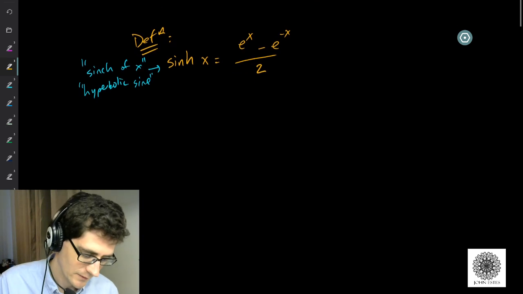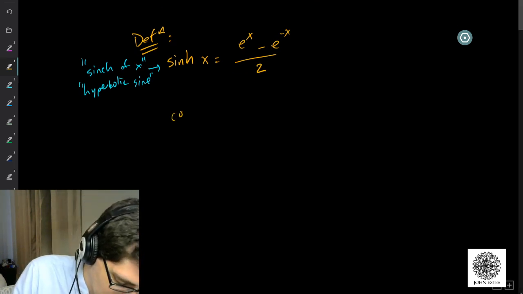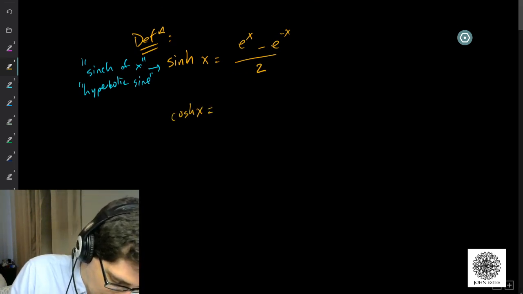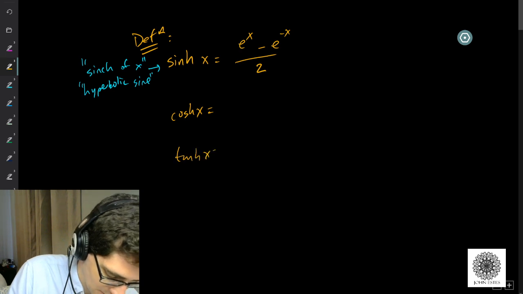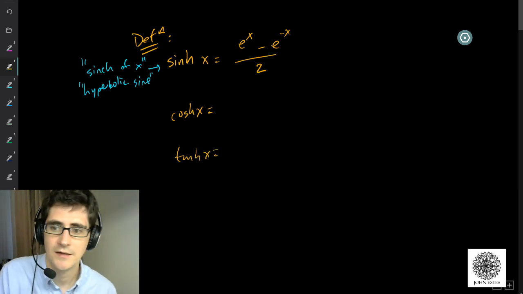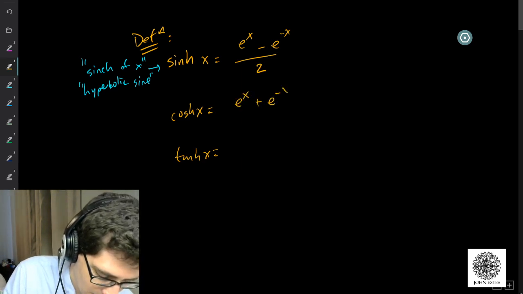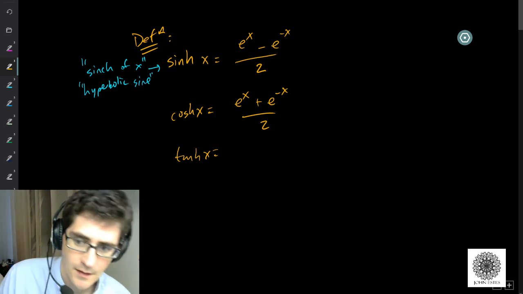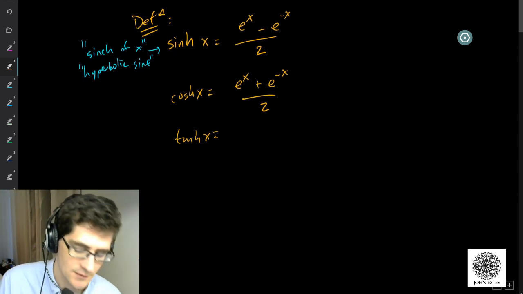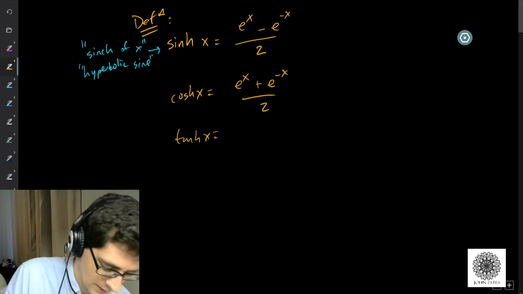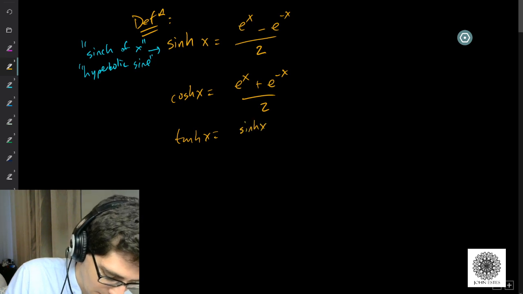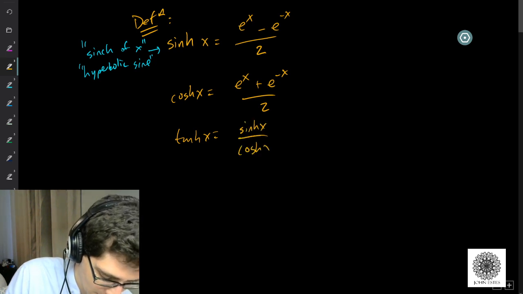Now, just like we have hyperbolic sine, we're going to have hyperbolic cosine and hyperbolic tangent. All right, so hyperbolic cosine is very similar to sine. It's e to the x plus e to the negative x over 2. And then hyperbolic tangent, believe it or not, is actually just hyperbolic sine over hyperbolic cosine.